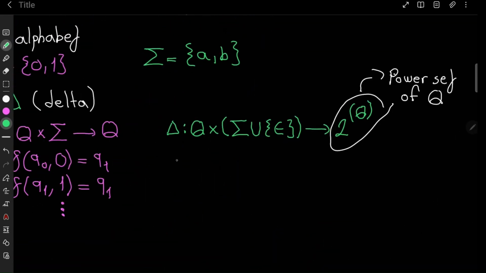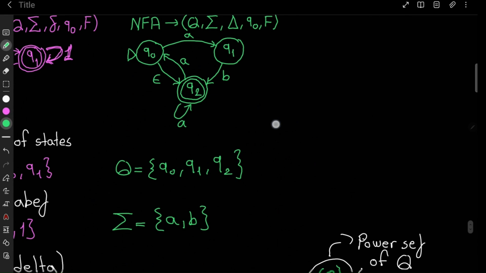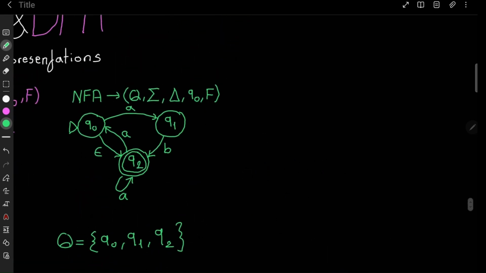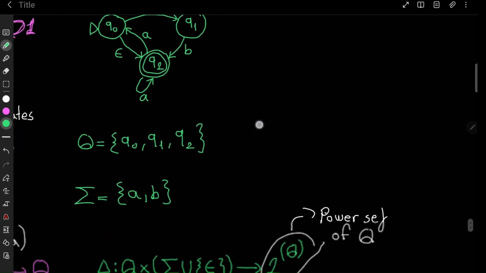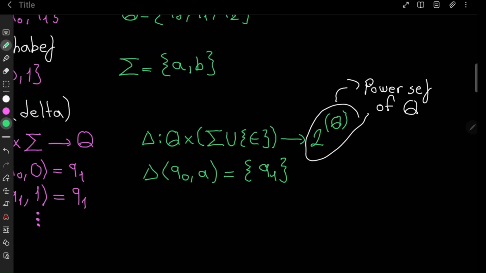Let's write some sample transitions from our example. Let's say when we are at Q0 and when we take A as an input, what happens? It goes to Q1, but we should write it as a set. It can include more than one state.